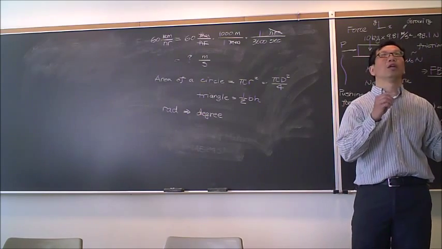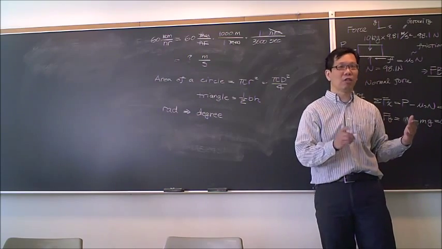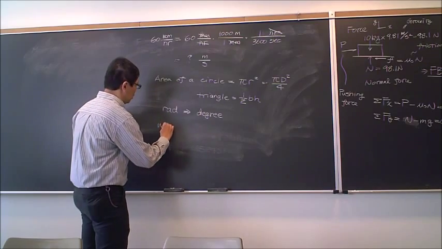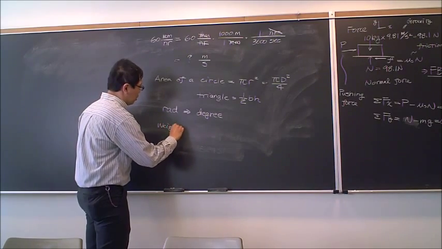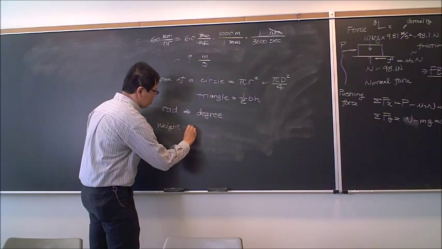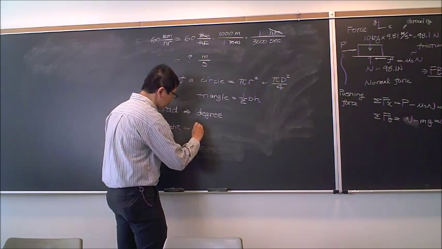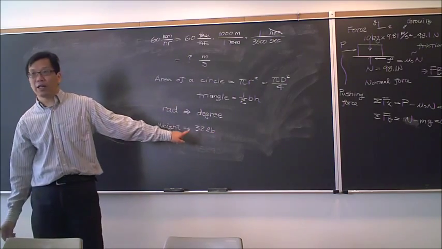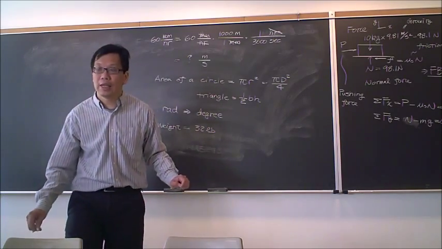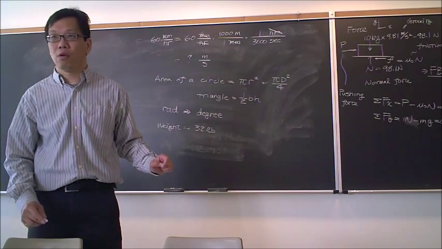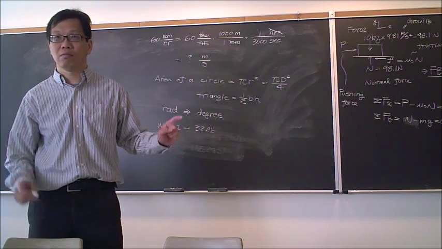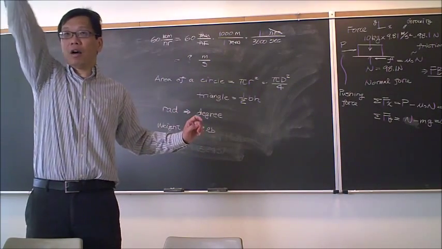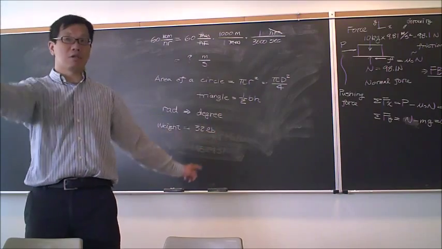The most common mistake you are going to make is what? Okay. So if I'm giving you 32 pounds, is this a mass or is it a force? How many say it's a mass? How many say it's a force? This is a force.